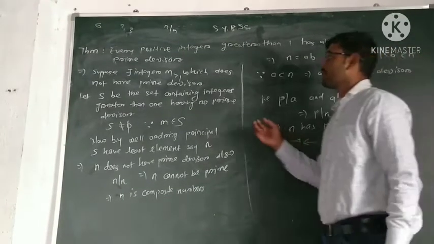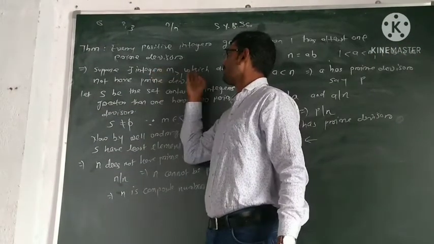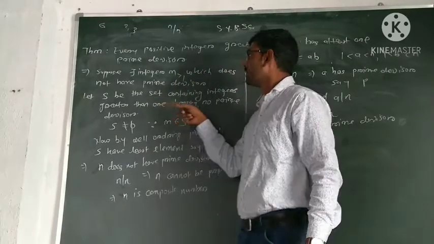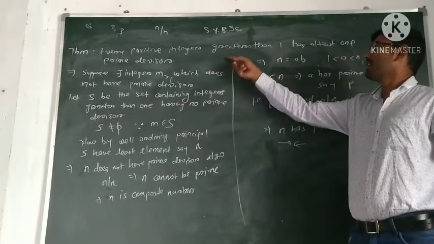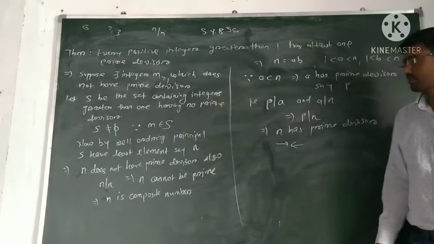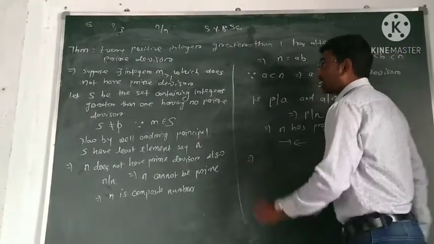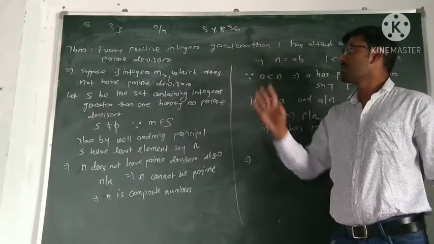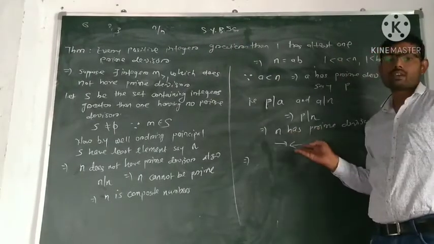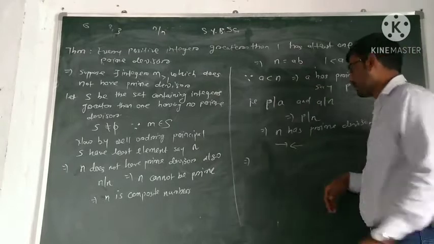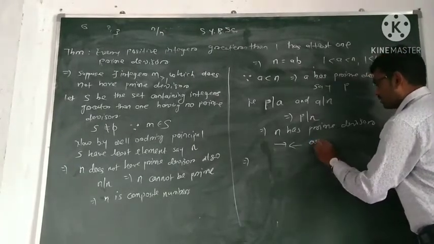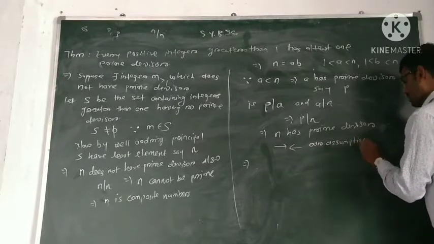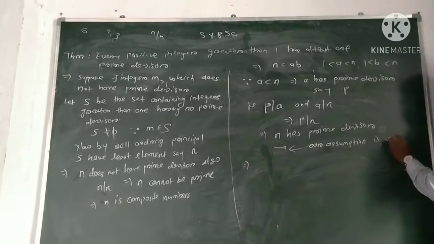What is our assumption? We assumed that there is an integer which has no prime divisor, which is not true, which is false. This implies every positive integer greater than 1 has a prime divisor. Why? Because we get a contradiction, so our assumption is wrong.